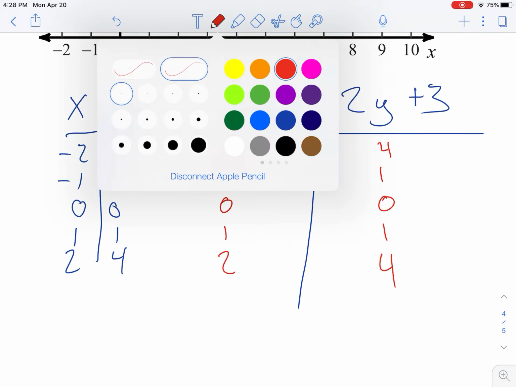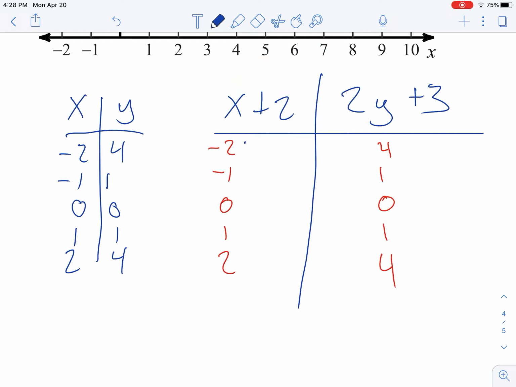And then I'm using the rest of the information given to me. So this is plus 2. And this is times 2 plus 3, times 2 plus 3.